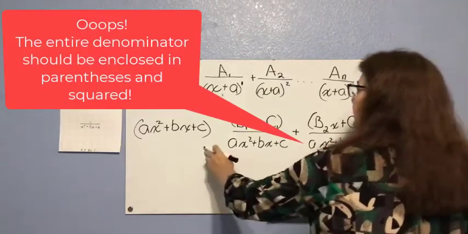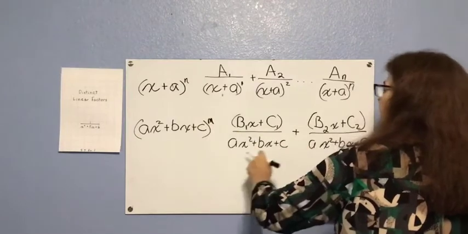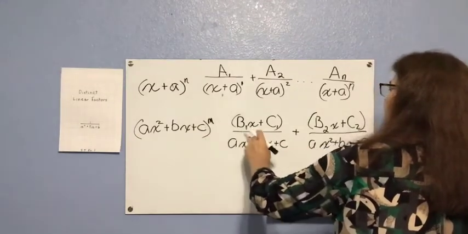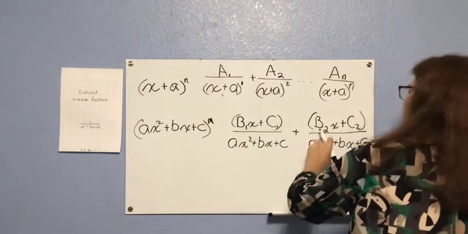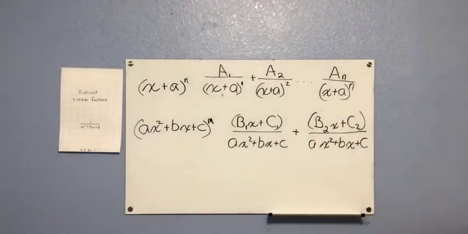And I just continue until I have m factors. Whatever this power is, I've got to have one fraction for each of the powers from 1 to m.